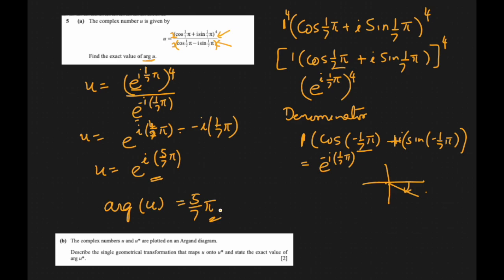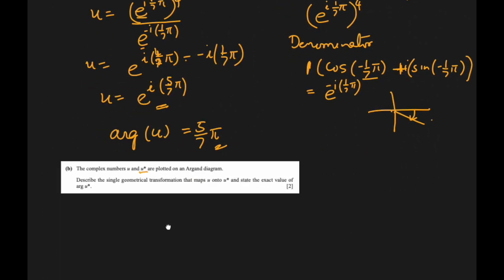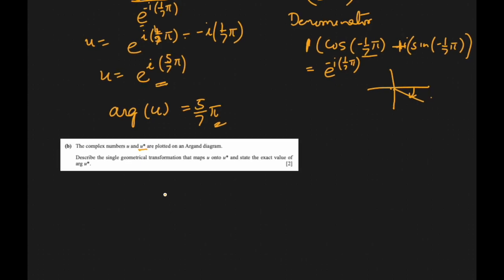That's it. Now, the complex number u and its conjugate are plotted on an Argand diagram. Describe the single geometric transformation. So, whenever there is a conjugate of a complex number, only the imaginary part changes. So, suppose this is positive 5 over 7, so it will be somewhere here.